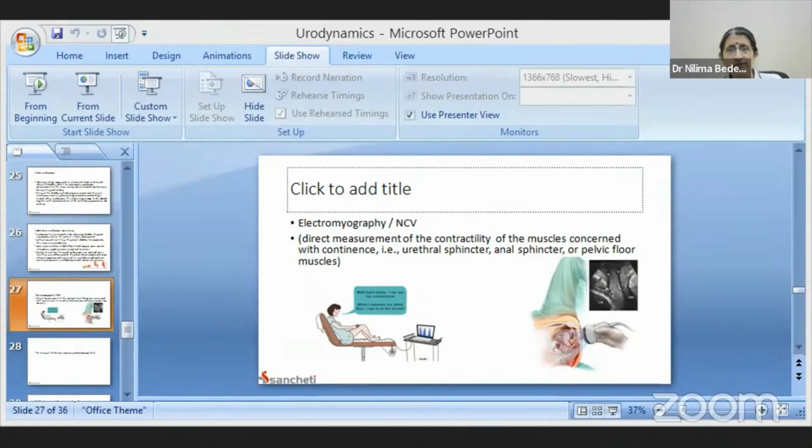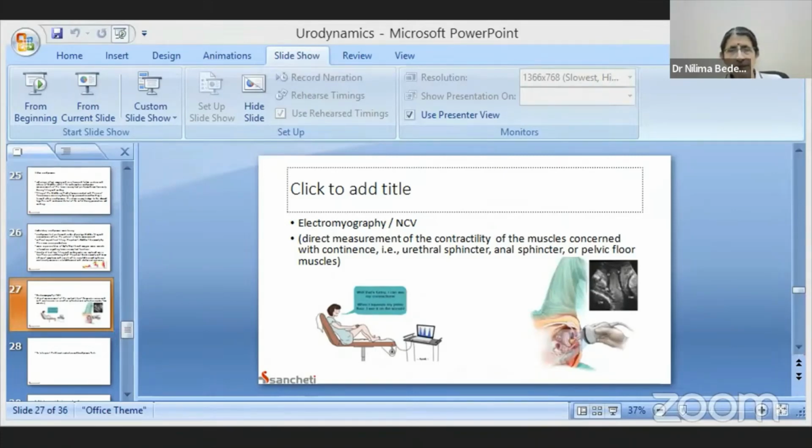Now, on all these symptom findings, the person's diary, the pad test, cystometry, and if at all the urethral pressure profilometry, if both types of symptoms are there, stress incontinence and overactivity, there can be a mixed picture.